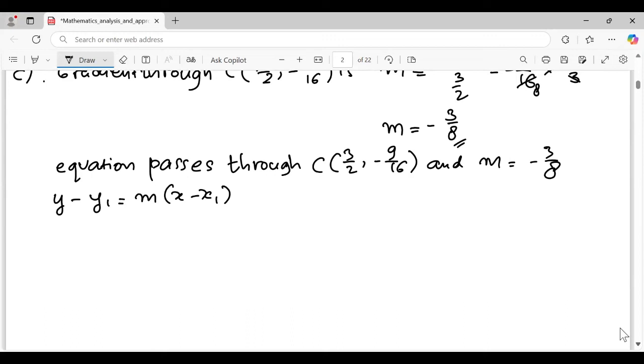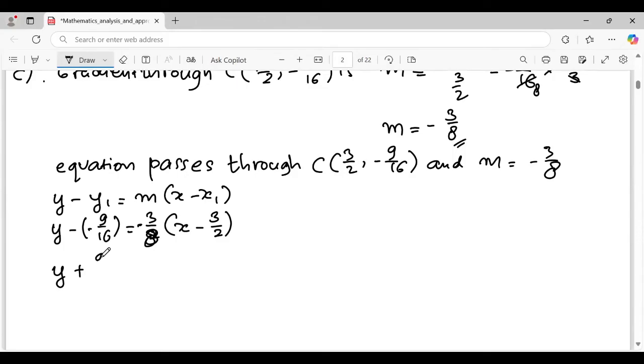The next is to substitute. This is x1, y1. This is m. y minus minus 9 over 16 equals minus 3 over 8 times x minus 3/2.